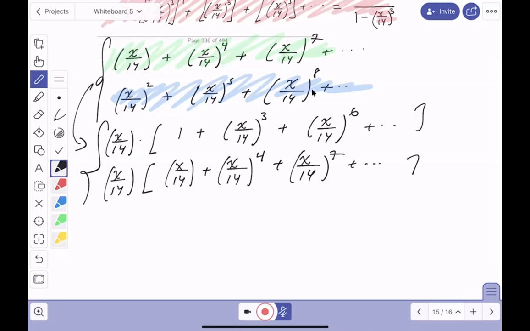One's going up by 3. The other one's also going up by 3. Let me think again. What am I missing?